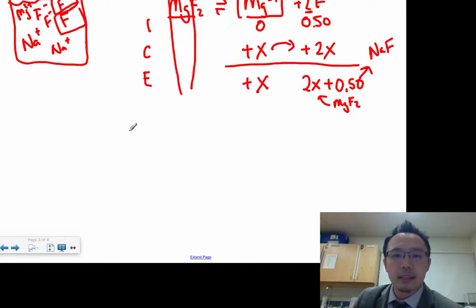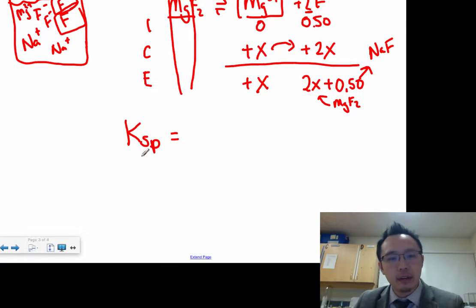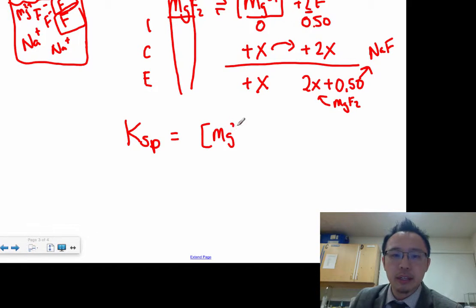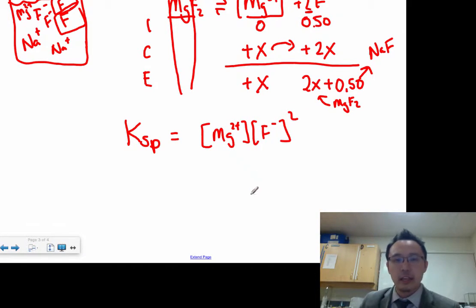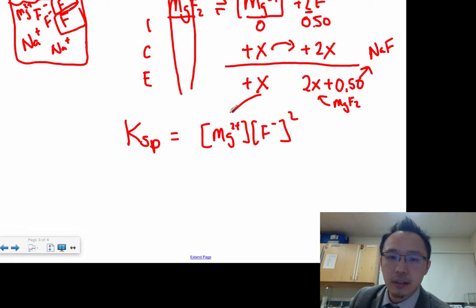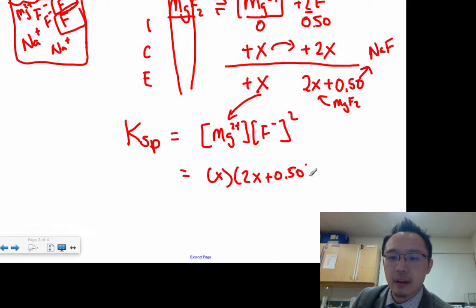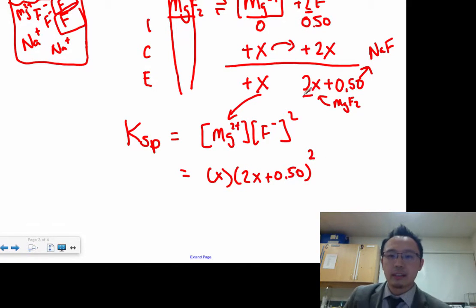Here's the last step that makes it easy for everybody. You write out the Ksp for your magnesium fluoride: Mg2+ times F- squared. That's your Ksp expression. Substitute all this in, so this is going to be X, and this is going to be 2X plus 0.5, squared. Notice that the 2X basically took the place of the 2 in front of this.